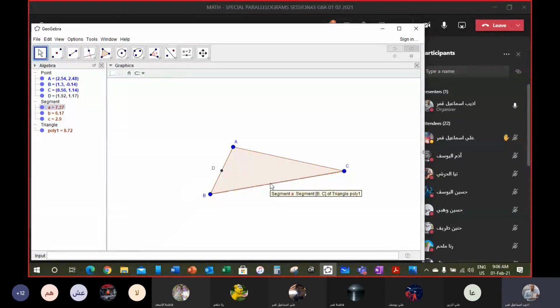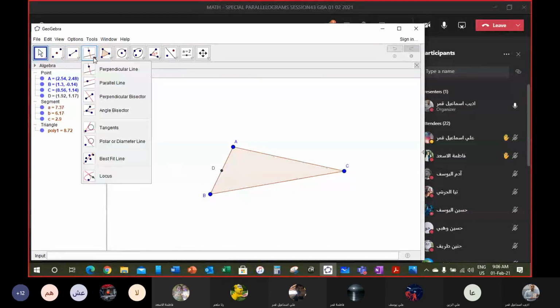Okay. Here what do I have? Triangle ABC and D is the midpoint of side AB. Now through D we draw the parallel line to BC.